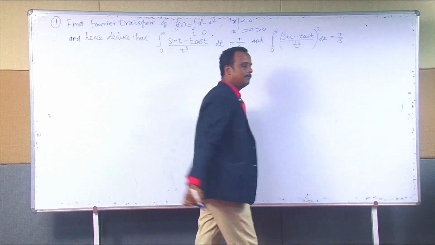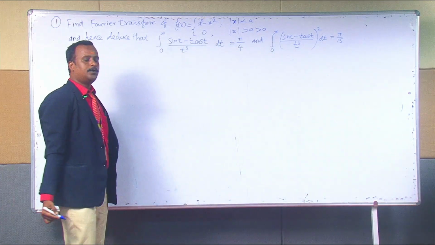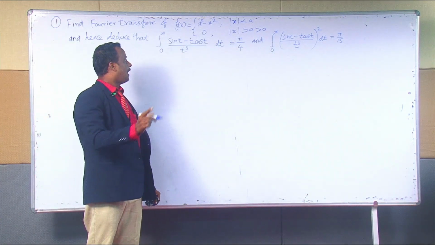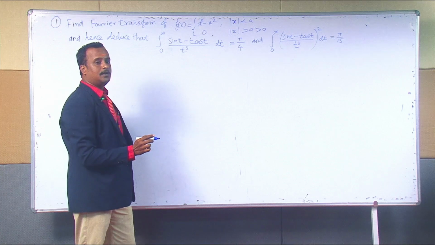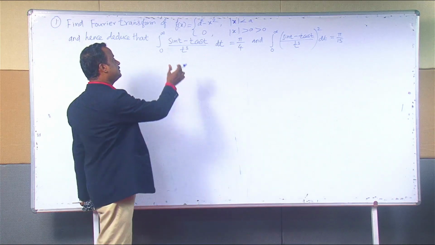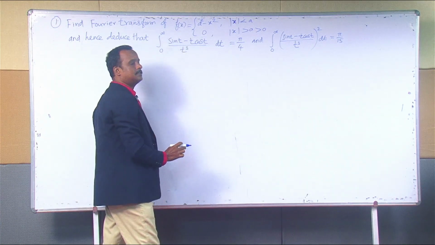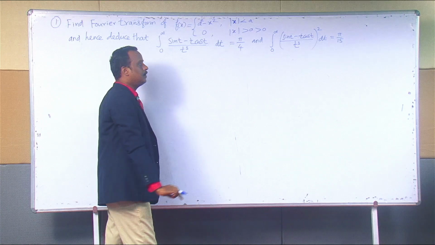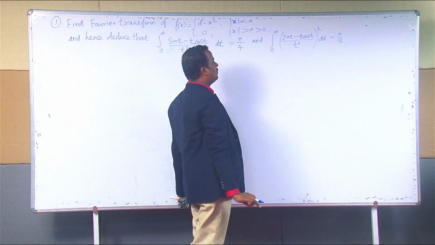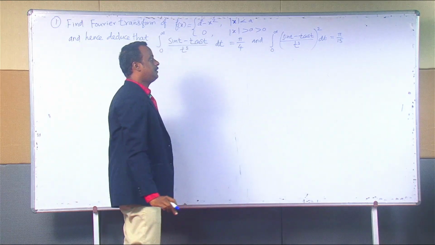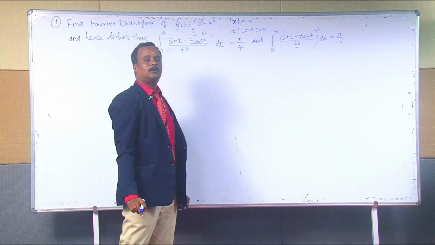So in this problem, we are going to find the Fourier transform of the given function, and using that we have to deduce two parts. The first part is the first integral equal to pi by 4. The second part is the second integral equal to pi by 15.